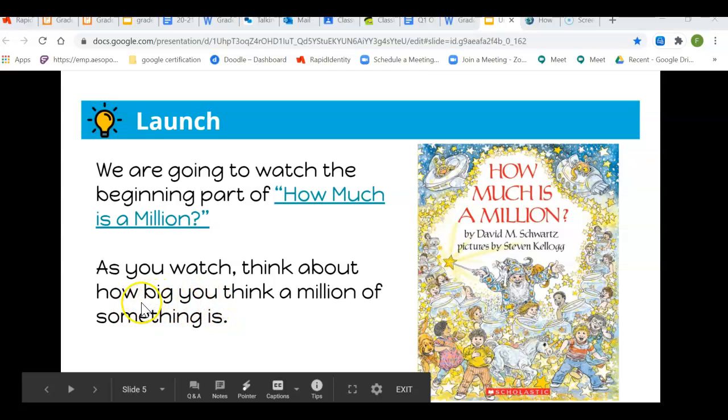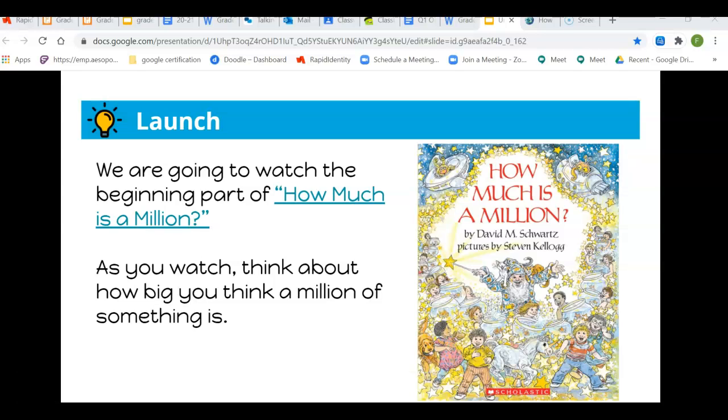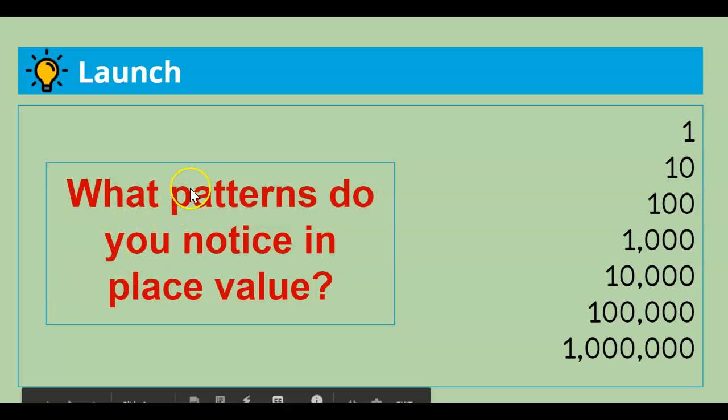And inside of your math journal book, after you watch it, I want you to write your thoughts down about what you think about a million. After you finish watching it, I want you to write down your thoughts about this particular statement in your math notebook. Go to our next slide.